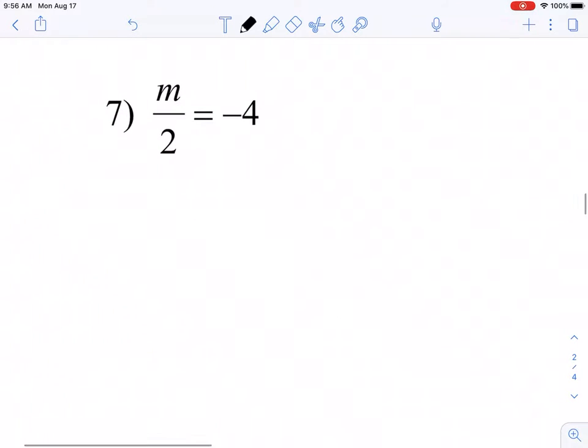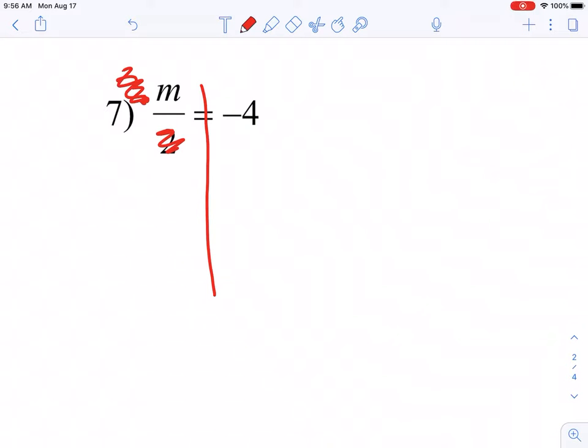In number 7, we need to get m by itself. It is being divided by 2. The inverse operation of divided by is to multiply. So I'm going to get rid of divided by 2 by multiplying 2. And that makes those cancel out.